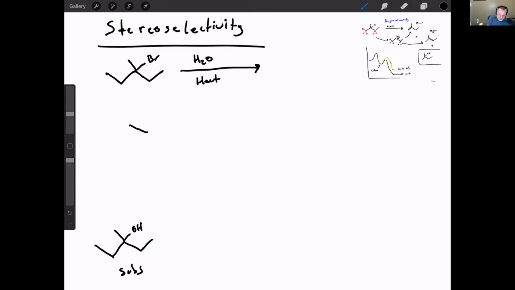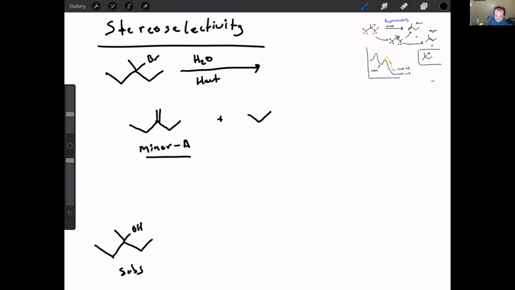I've got one of the elimination products that's already in minor production. I'll call it minor A, because it's the least substituted of the different products. What about the other stereoisomers of the more substituted product?